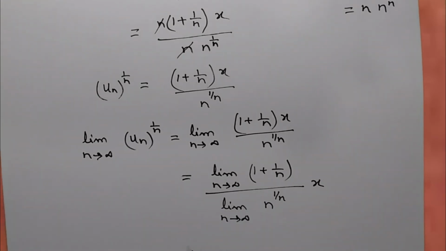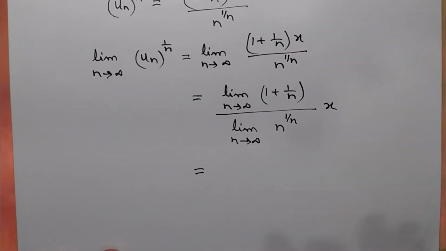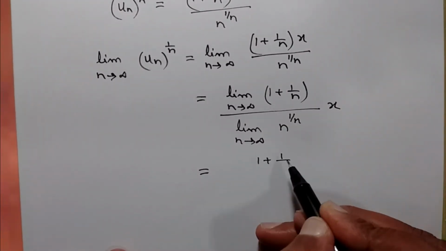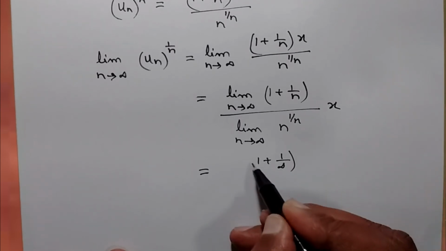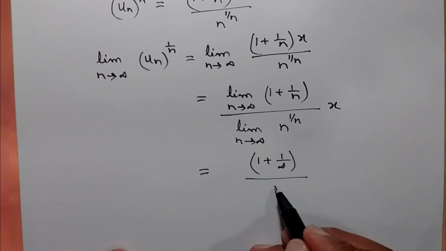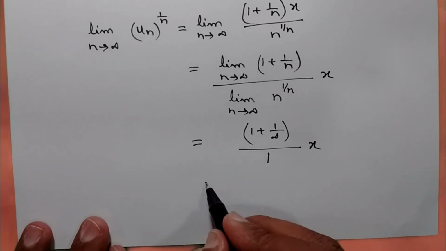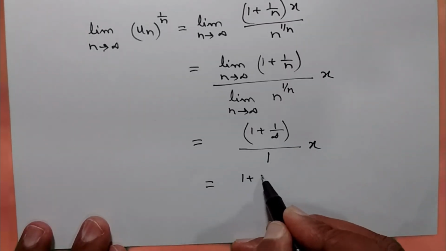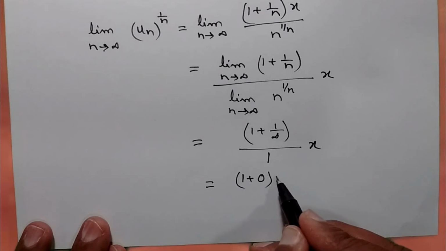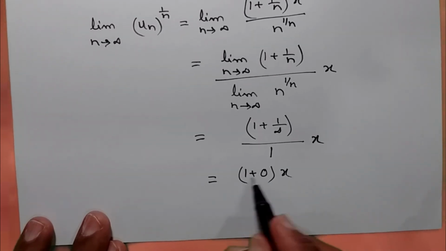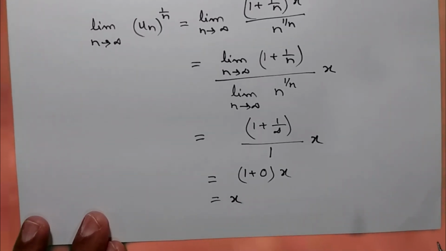And in the numerator, you have 1 plus 1 by n value is what? N value is infinity. Whole divided by this value will be 1. And this x will be as it is. So 1 by infinity will be 0. So 1 plus 0 divided by 1 is 1 itself, times of x. So x into 1 will be x itself.